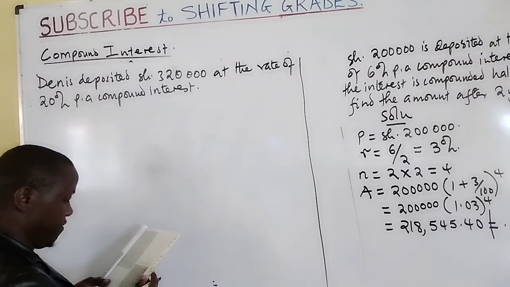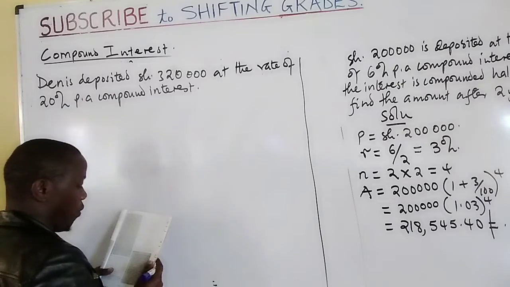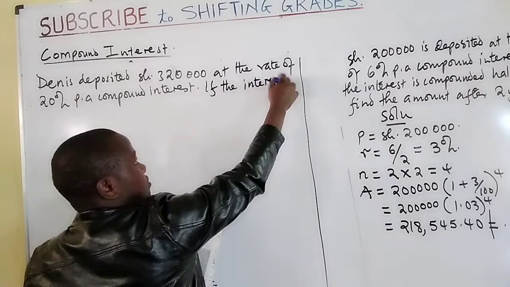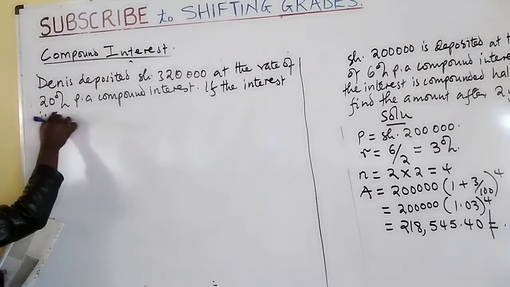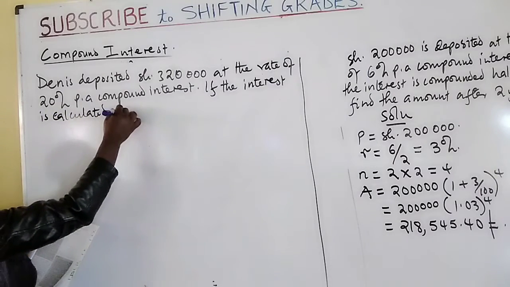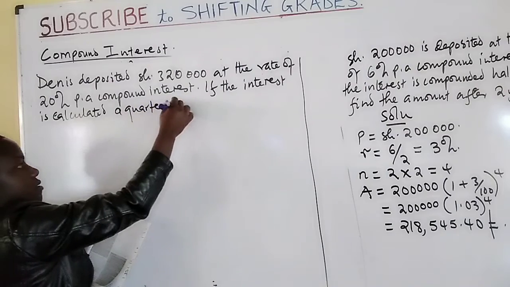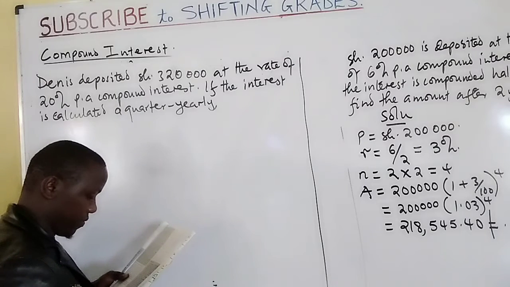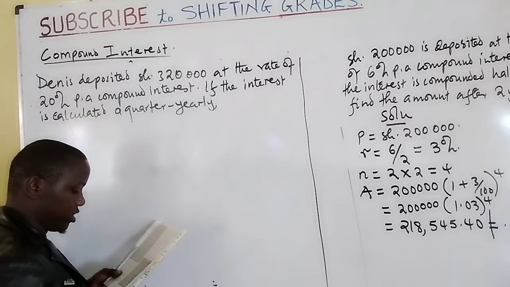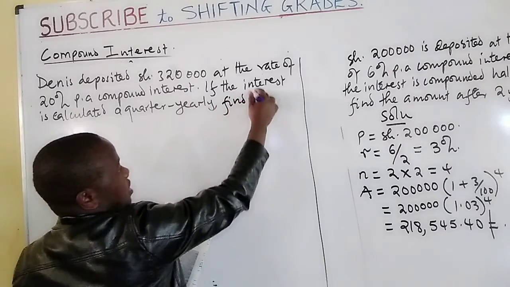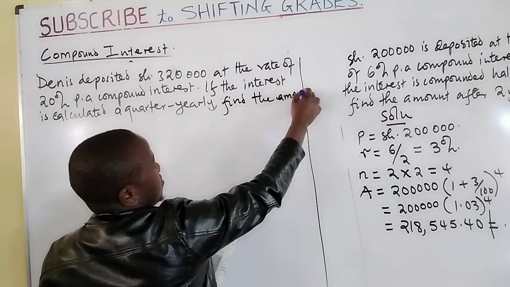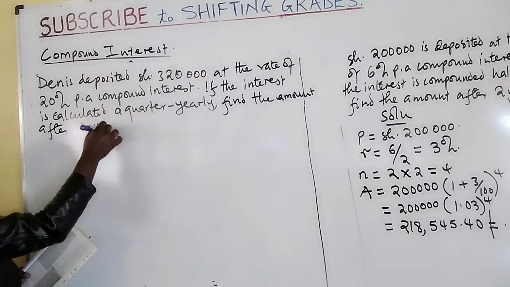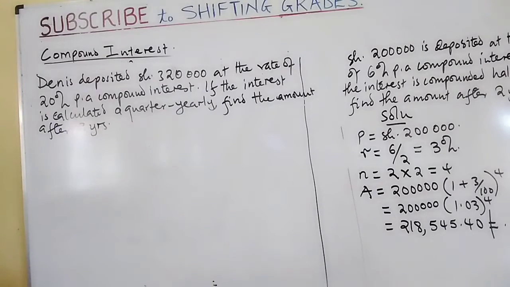Then we are told if the interest is compounded or calculated quarter yearly, find the amount after 3 years.